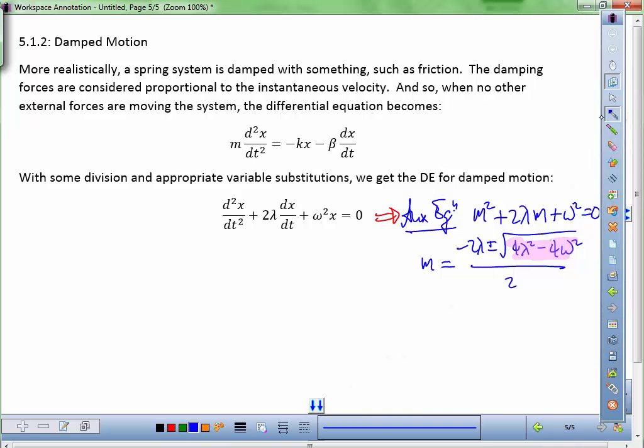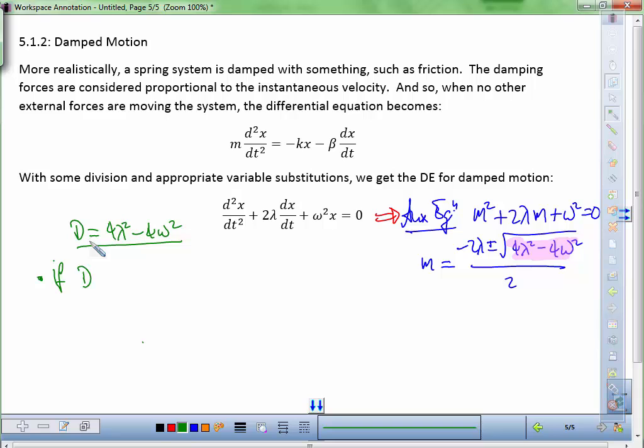So let's take a look at the discriminant and look at those 3 possibilities. And this is where I'm asking you to think ahead to see how our solutions would look. So let's call the inside D. D is equal to 4 lambda squared minus 4 omega squared.